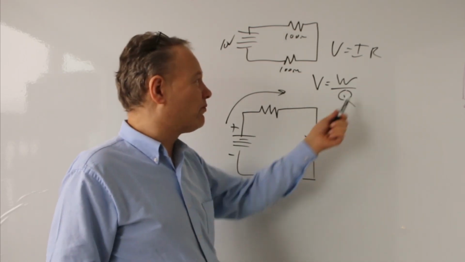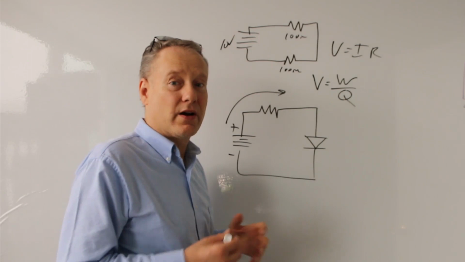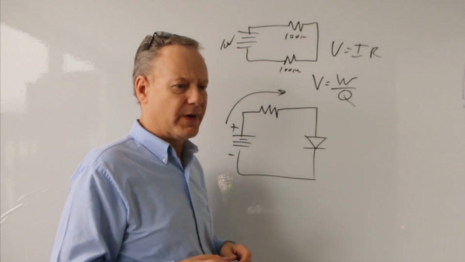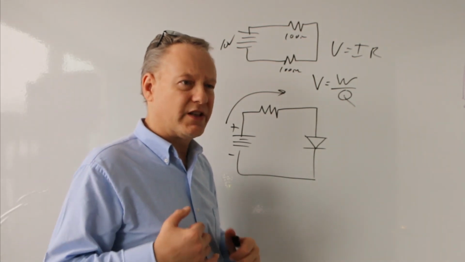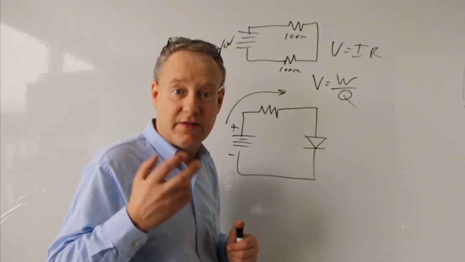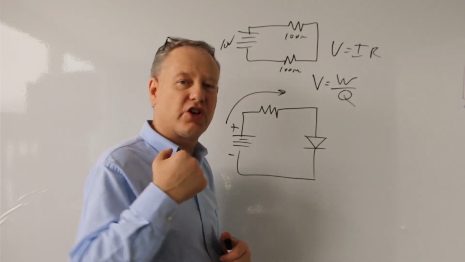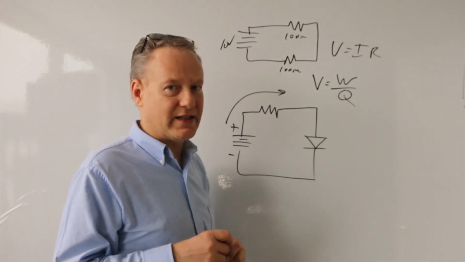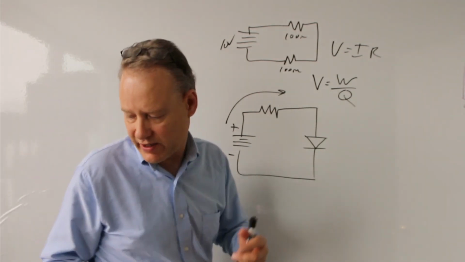And really it all boils down to the amount of energy that's required to push current through at a certain rate or a certain amount of coulombs through. So my point here is that the voltage drop across a resistor is dependent on the resistive nature of the resistor, the current going through the resistor, and the voltage supply. So with all that said, you understand that, and that's nothing new to you.